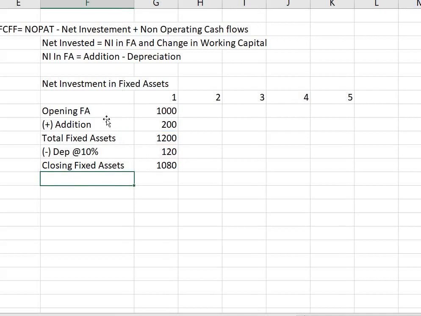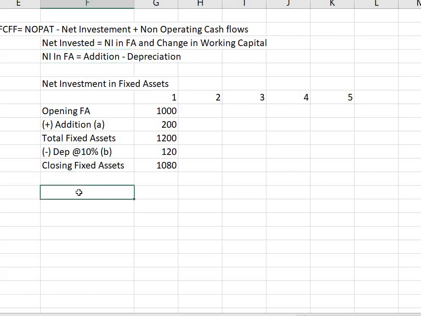Now the most important, I am giving this addition A and this depreciation I am making it, and as the formula says, my net investment in fixed asset is nothing but addition minus depreciation. This is my addition, this is my depreciation.